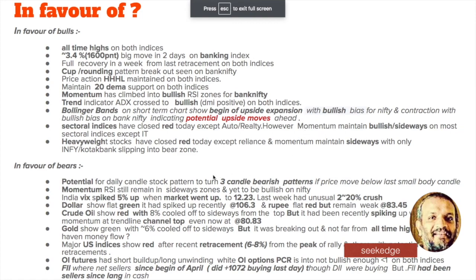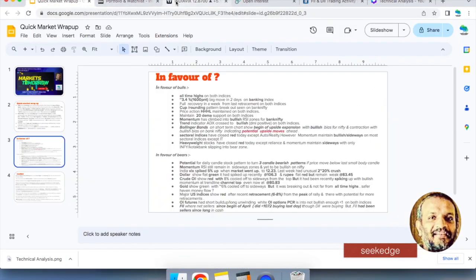The market made the first all-time high on Monday, and VIX spiked up 12%. The market is moving up, VIX should not have spiked, it should have cooled, ideally. But it did the other way. And right now it is showing 12.87.